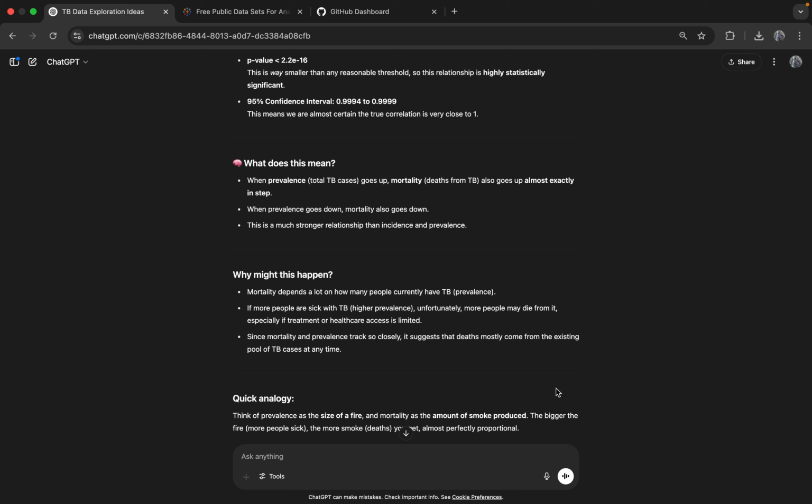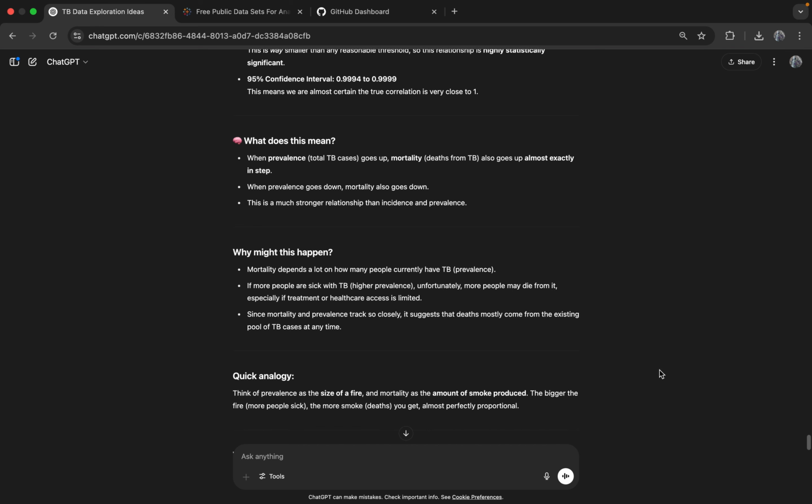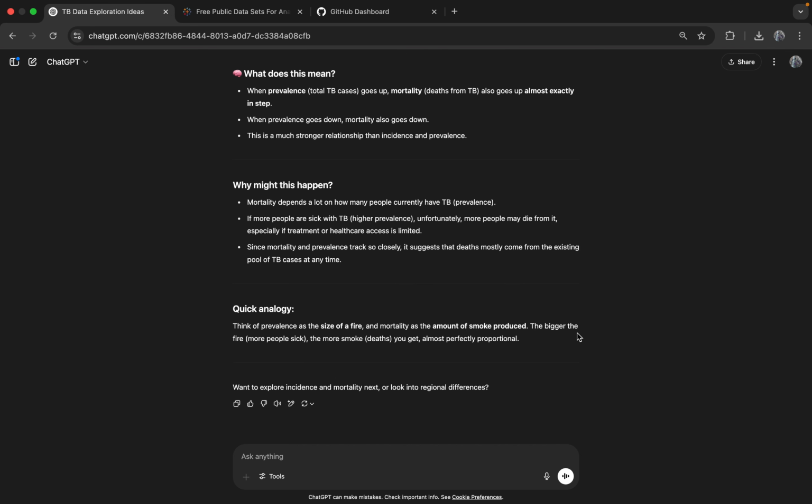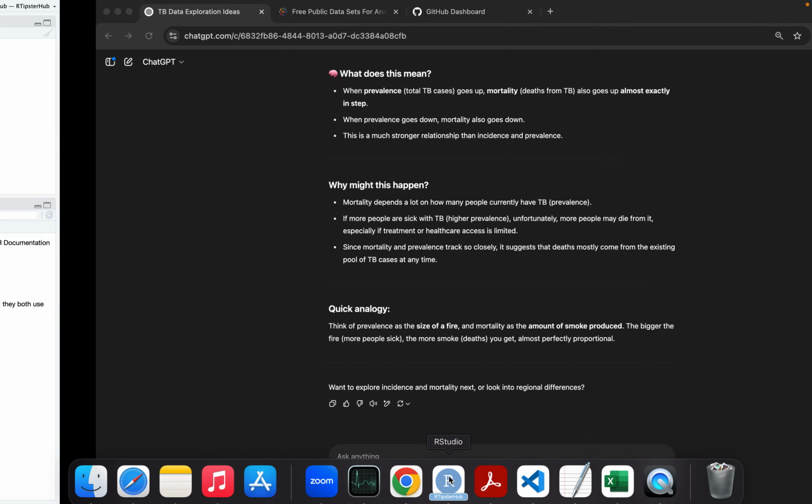If more people are sick with TB, unfortunately more people might die from it. Since mortality and prevalence track so closely, it suggests that deaths come mostly from the existing pool of TB cases. Think of prevalence as the size of a fire and mortality as the amount of smoke produced. The bigger the fire, the more the smoke. So almost perfectly. Okay.